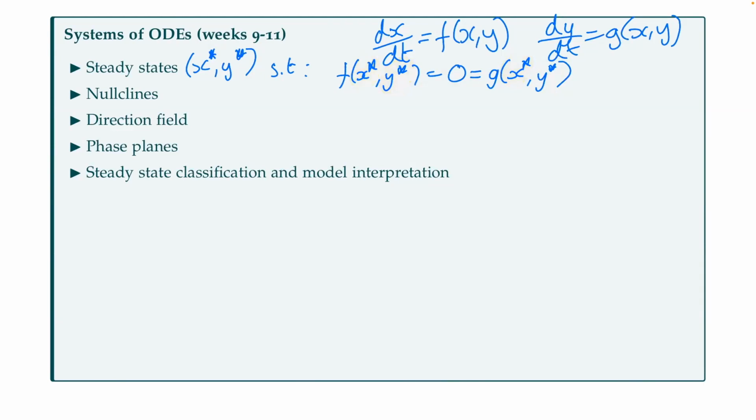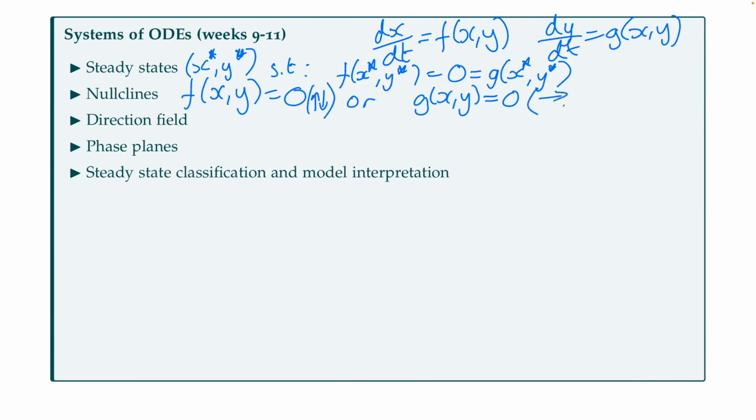Nullclines. A nullcline describes when one of our variables is not changing. Okay, so that means that either f of x, y is equal to 0 or g of x, y is equal to 0. Okay, so in this case, f of x, y, if x is on our horizontal axis, if that's equal to 0, that means we have to be moving up or down on that nullcline.